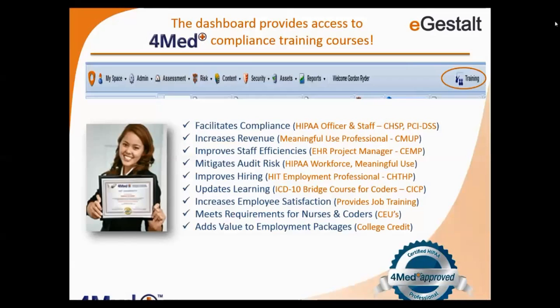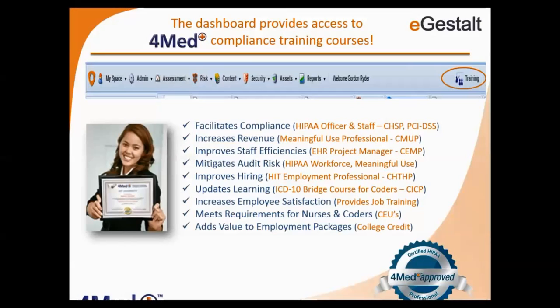Everybody who signs up for training through the tool for HIPAA or for Meaningful Use has access to that training for a full year, so that license lasts for an entire year, and our training has a lot of benefits, and that was one of the reasons that we partnered with eGestalt, was to be able to provide a lot of this compliance education. The reason that people take our training is because it can obviously facilitate the compliance.